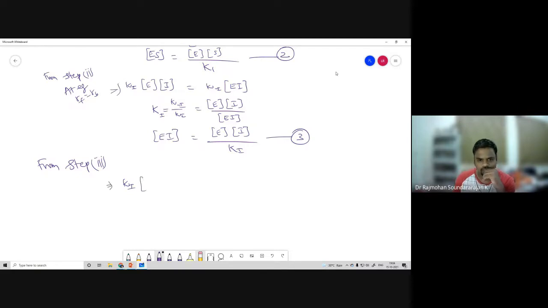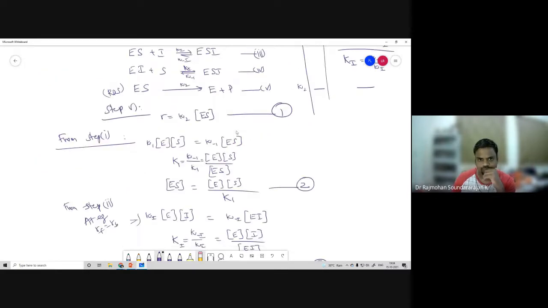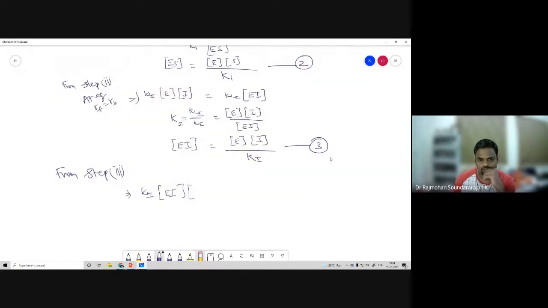From step 3, we can write that Ki into ES into I is equal to K minus I into ESI.